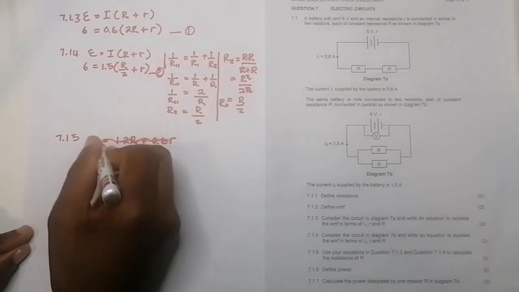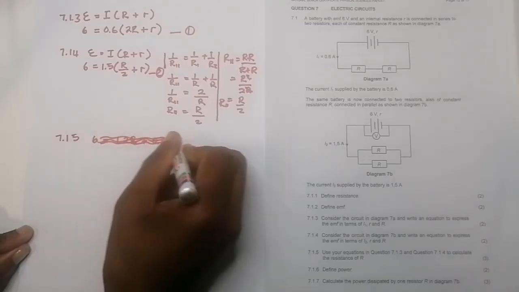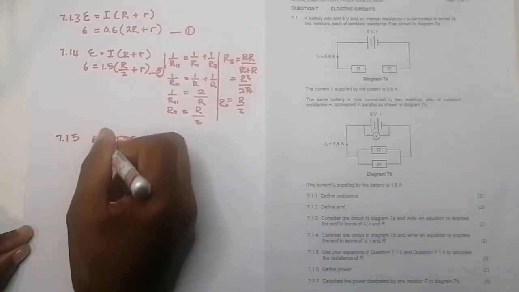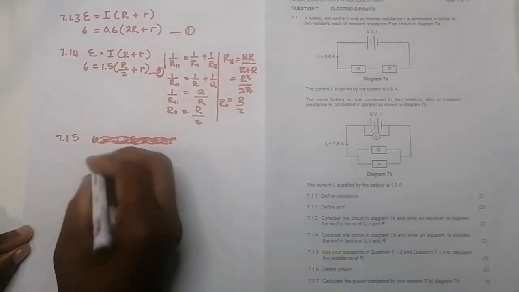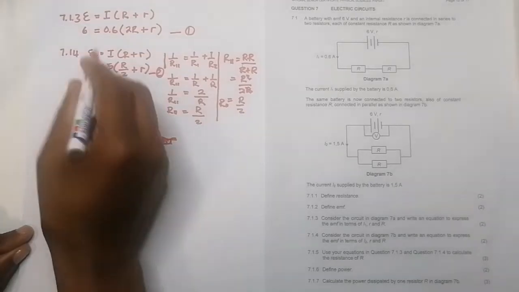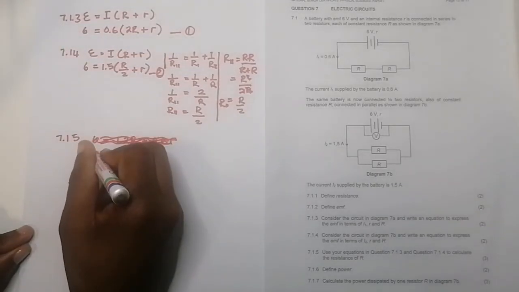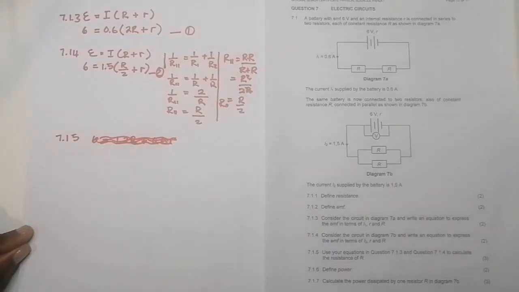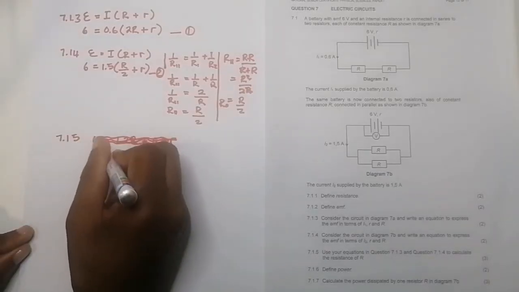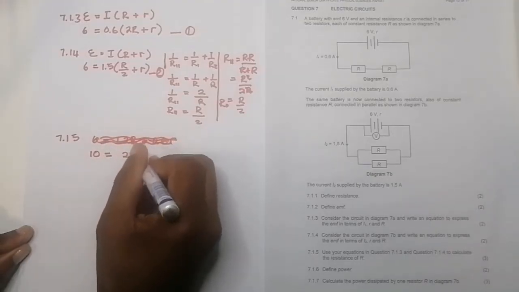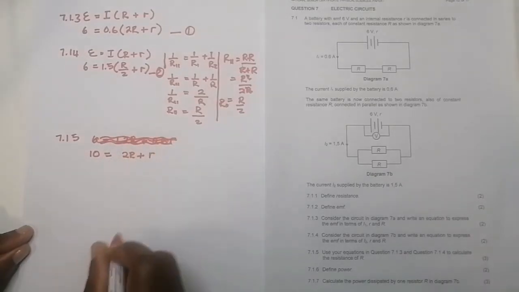Okay, yeah, you're walking with me through this jungle that I'm in. Right, so you divide by 0.6. So I'm going to say 6 divided by 0.6. Okay, that would give me 10. All right, and so I've got 2R plus small r there.